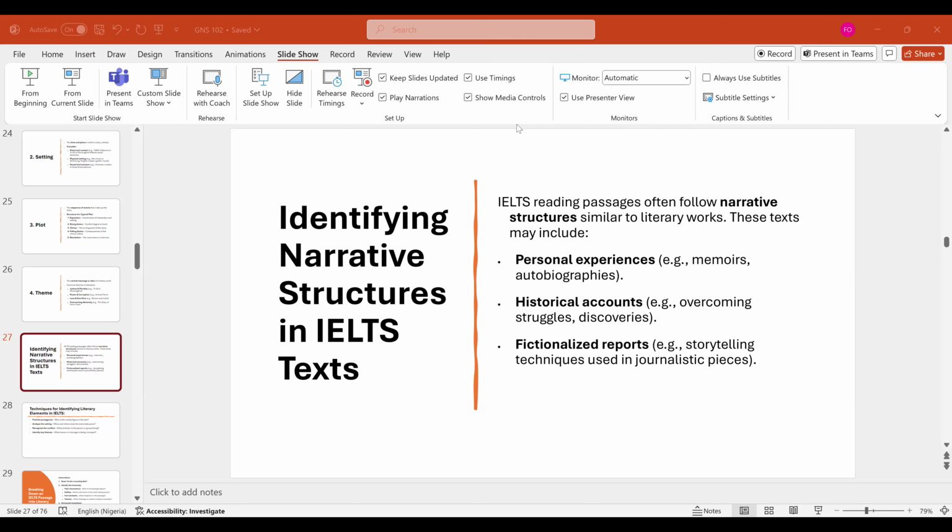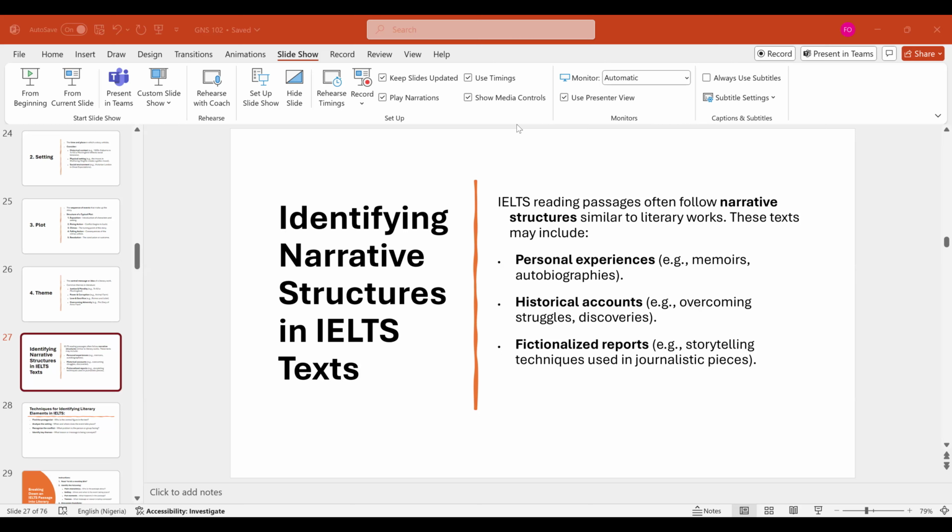For example, a passage on the evolution of transportation might start with early inventions, then introduce problems with modern travel, discuss innovations like electric cars, and end up with predictions for the future.